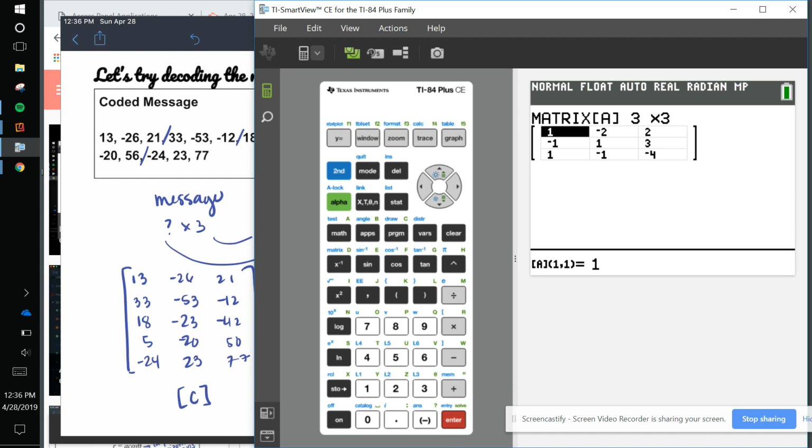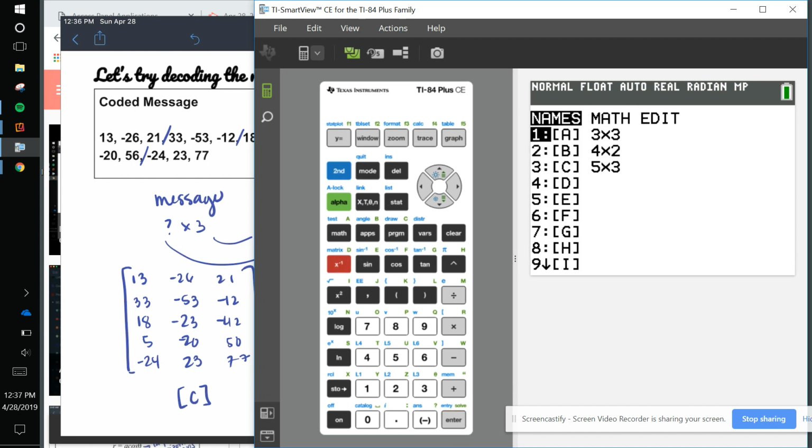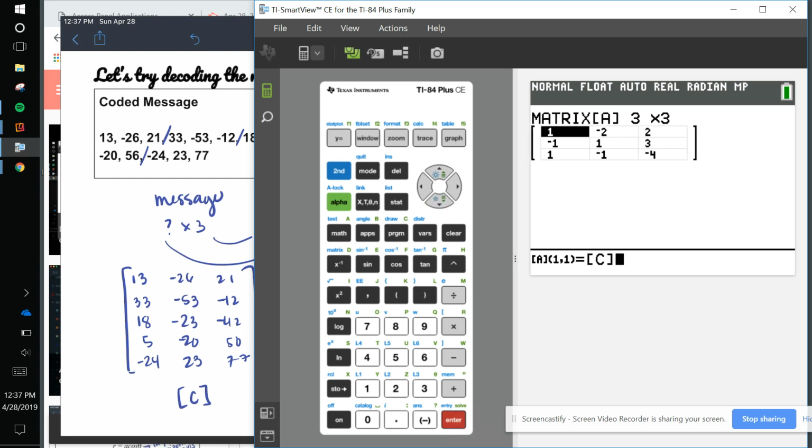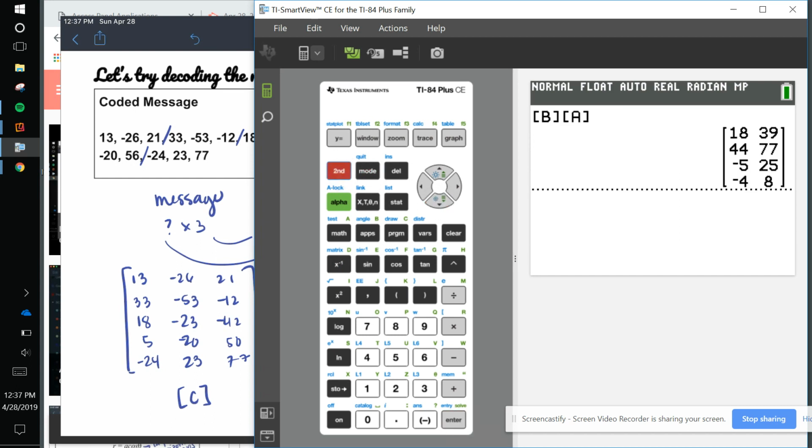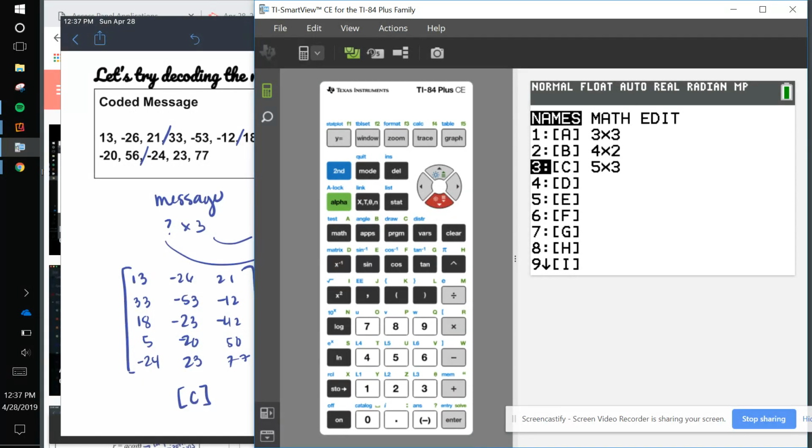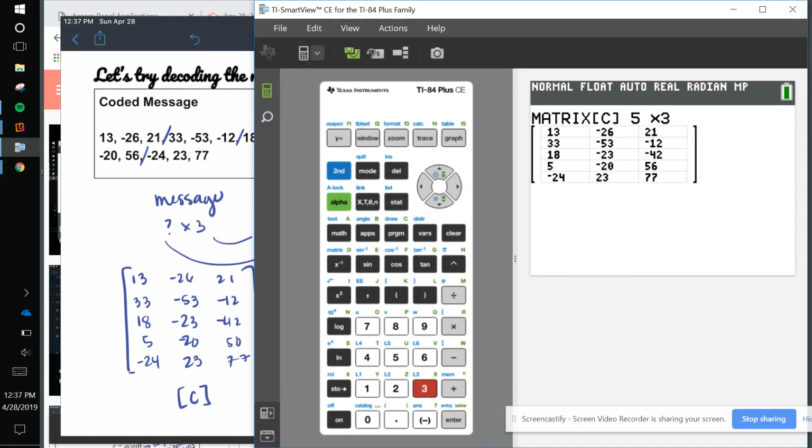And I'm going to go ahead and create my matrix C, which in this case is a 5x3, and I already have it in here.